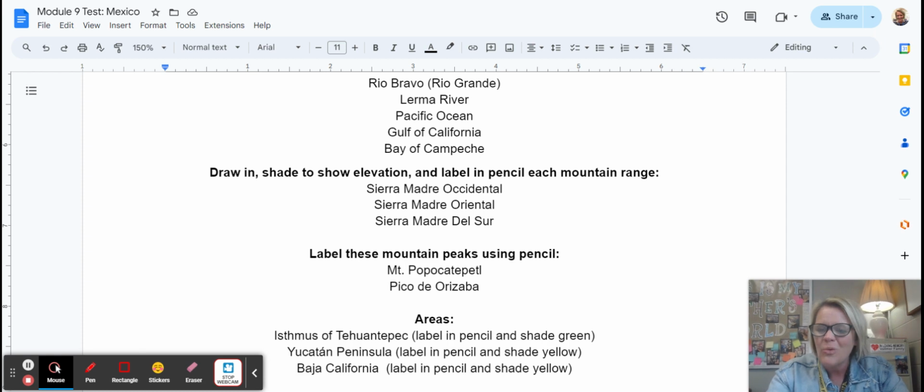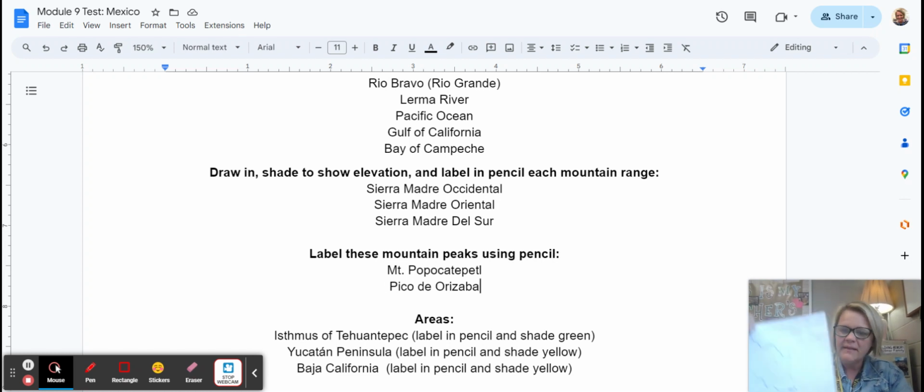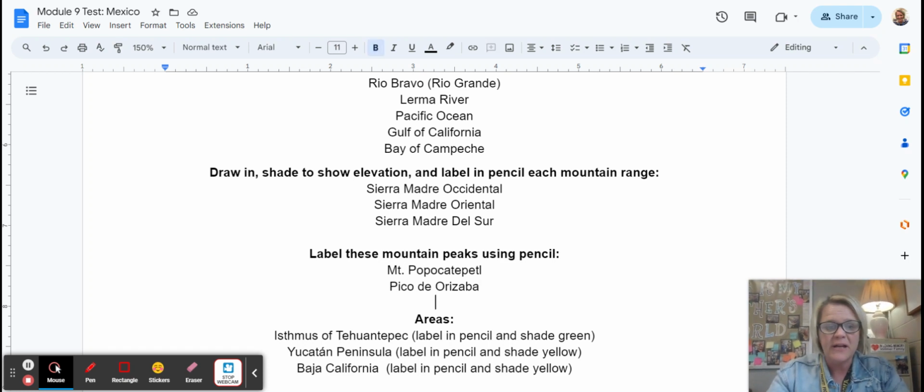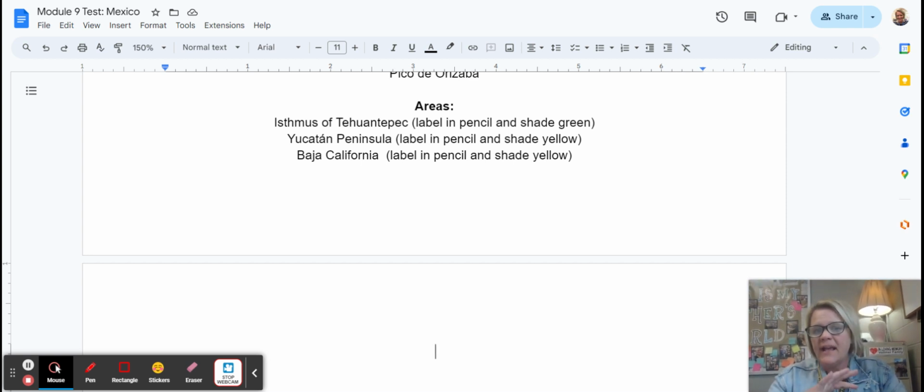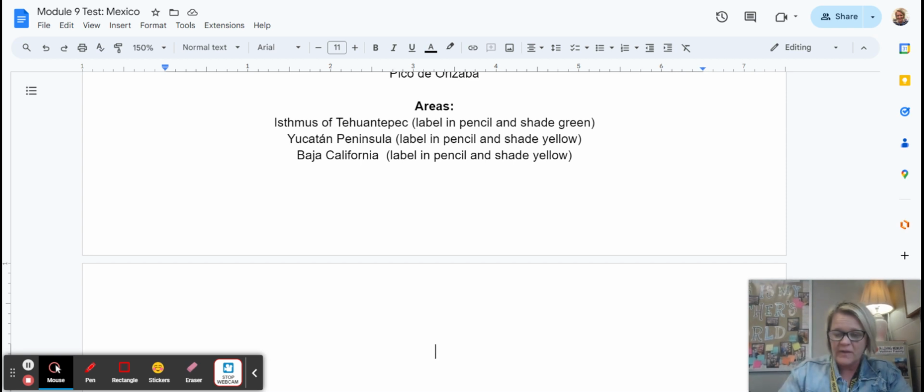They're kind of big, long words, so think about how you're going to label them so it looks good on your map. They are already drawn on there for you as well. You just have to label those two mountains, which are actually volcanoes. And then finally, the areas. You're going to draw in and shade the Isthmus of Tehuantepec and then the two peninsulas, and do that as neatly as you can.